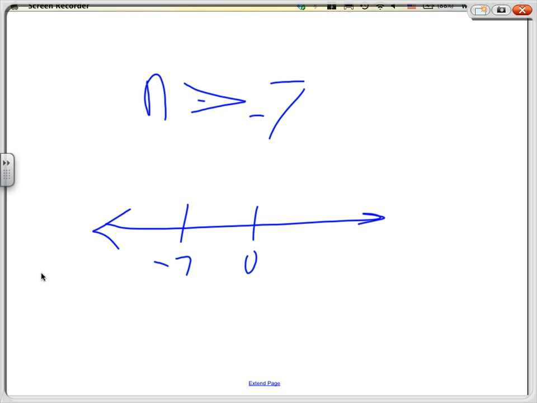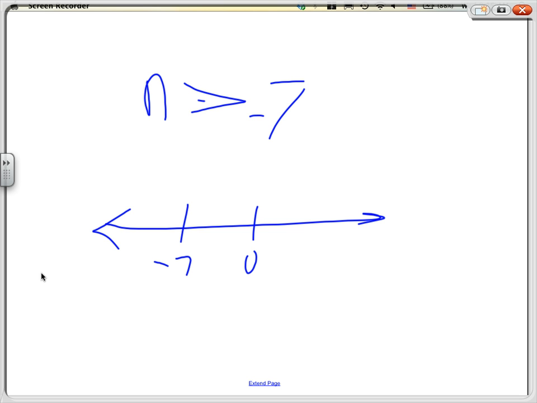And then now I said, okay, since I want my number, so you notice I did not say n. I use an actual word to represent it. I want my number, whatever my answer is going to be, it has to be greater than -7. So at least when you say something like that, you get a sense of what kind of numbers are bigger than -7: 0, 1, 2, 3, a whole bunch of them, right?